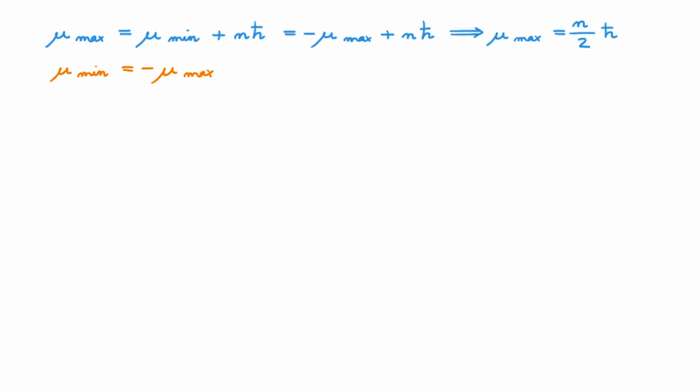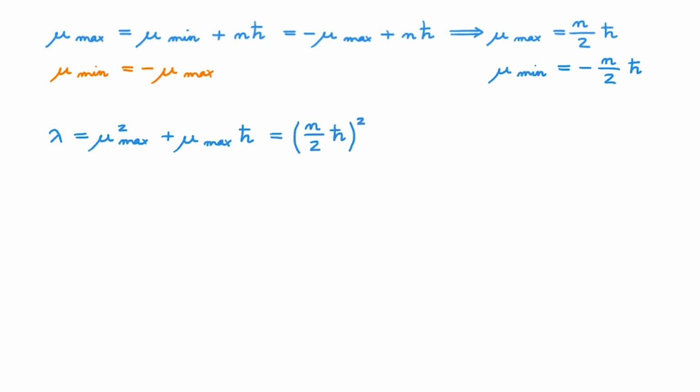And it then follows that mu min is equal to minus a half n h bar. Going back to the relation between lambda and mu max, we have that lambda must equal (n over 2 h bar) all squared plus (n over 2) h bar squared, which is equal to n over 2 times (n over 2 plus 1) times h bar squared.